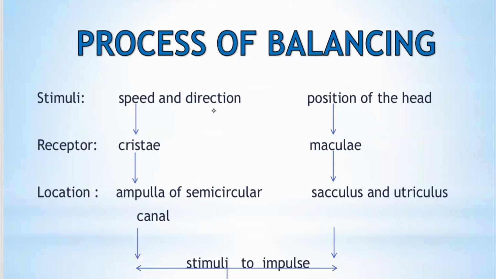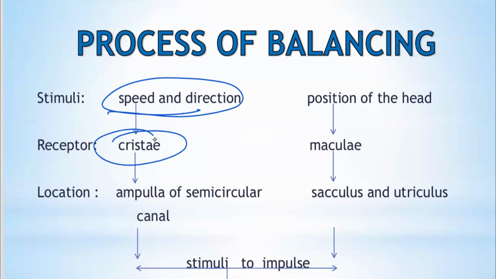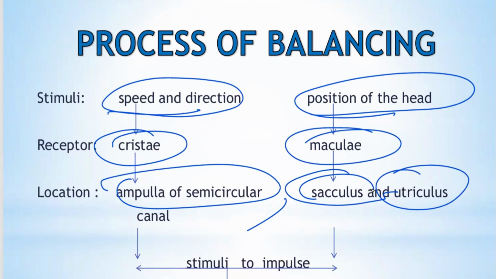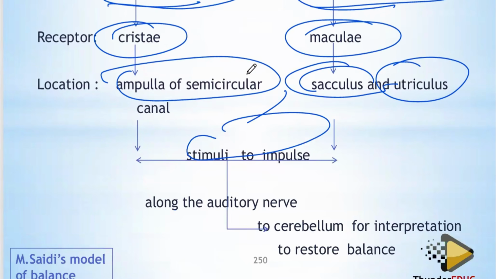I'll write by saying that change in the speed and direction of the head will stimulate the crystalli found in the ampulla of the semicircular canal, comma, change in the position of the head will stimulate the maculae found in the sacculus and utriculus, comma, the stimuli are converted into a nerve impulse, which is sent along the auditory nerve to cerebellum for interpretation to restore the balance.